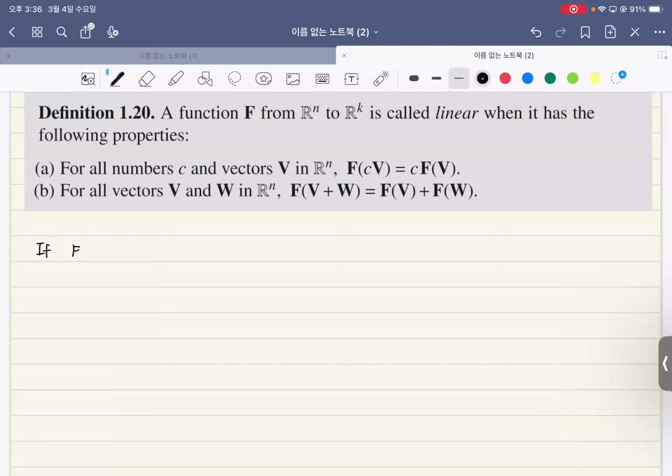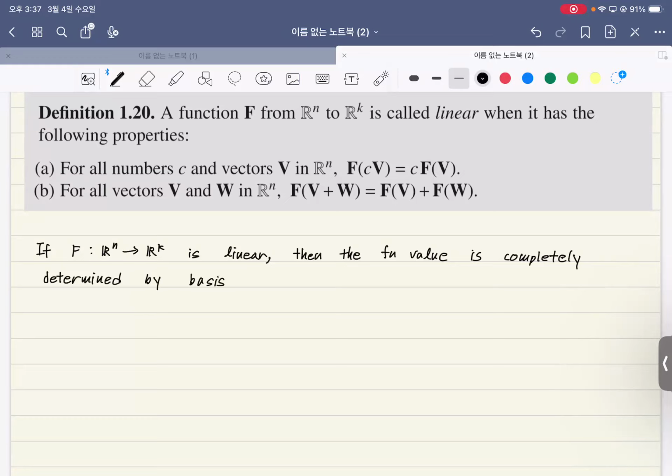So if f is linear, then the function value is completely determined by the basis vectors.